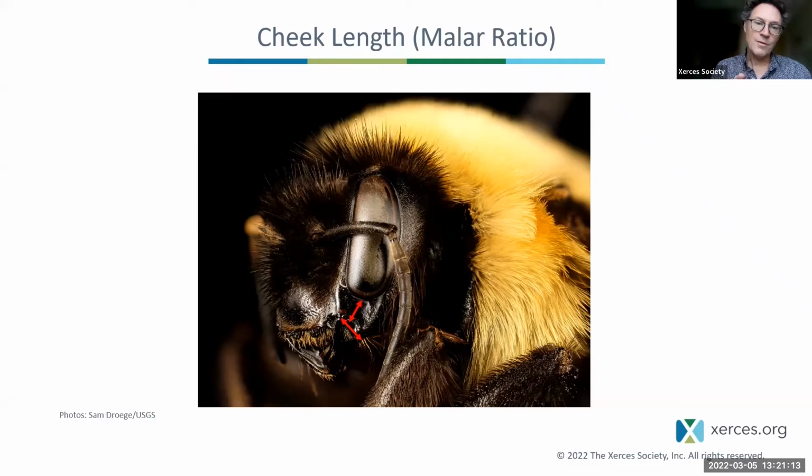The other one is showing you the width where the mandible attaches to the cheek. In this case, the length is just shorter than the width. So in identification materials, you'll see this species is distinguished from other lookalikes by its cheek, which has a ratio in this space of less than 1.